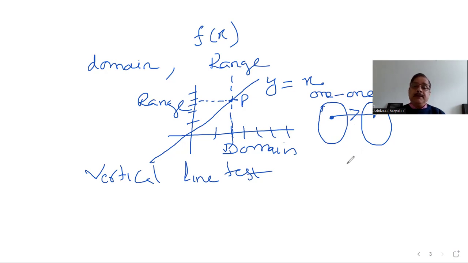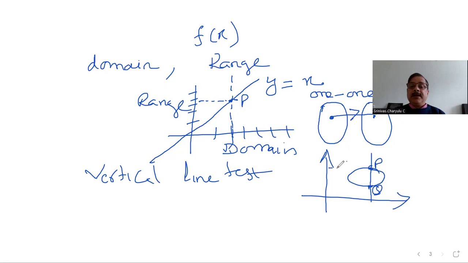On the other hand, if I have, let us say, one ellipse or circle, and I have drawn one vertical line, see what is happening here. This ellipse is intercepted at 2 points, P comma Q. So it has at P one y coordinate and at Q another y coordinate for the same x value.